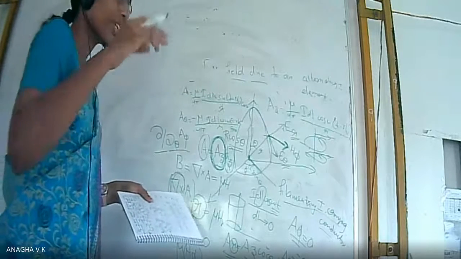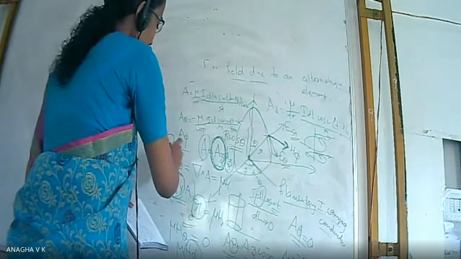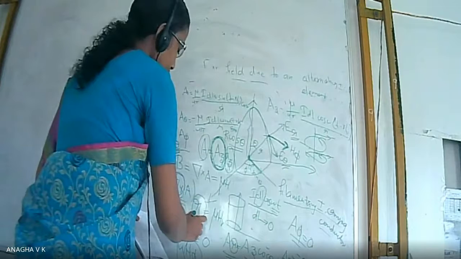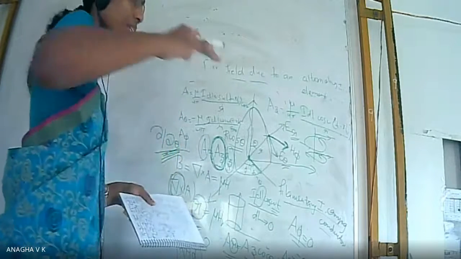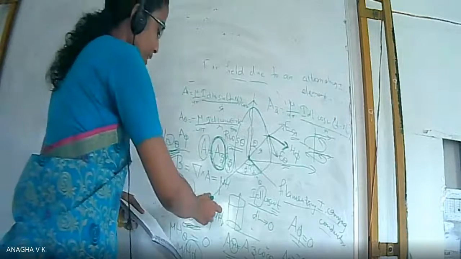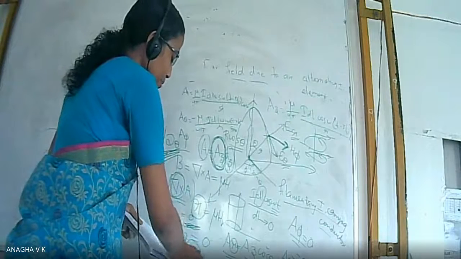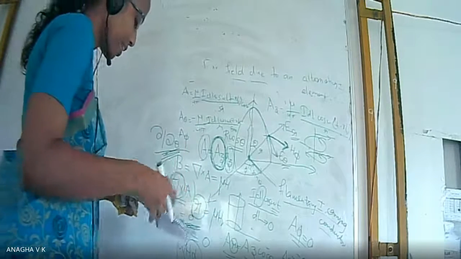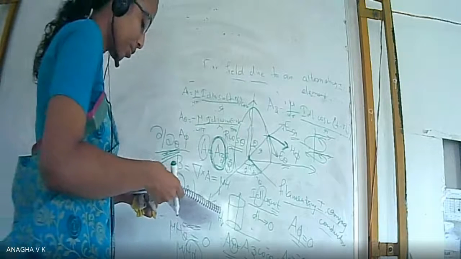You differentiate and you will get both equations as 0. So mu H_r and mu H_theta equal 0. Only mu H_phi will be the remaining factor.